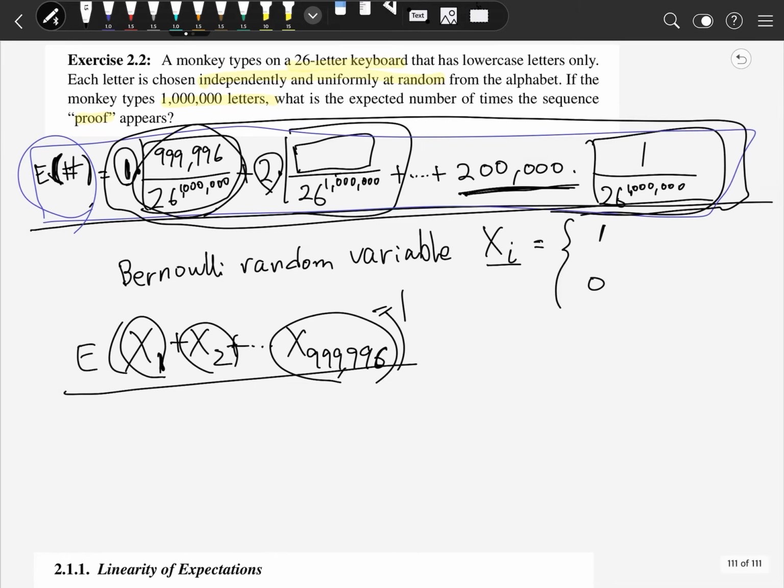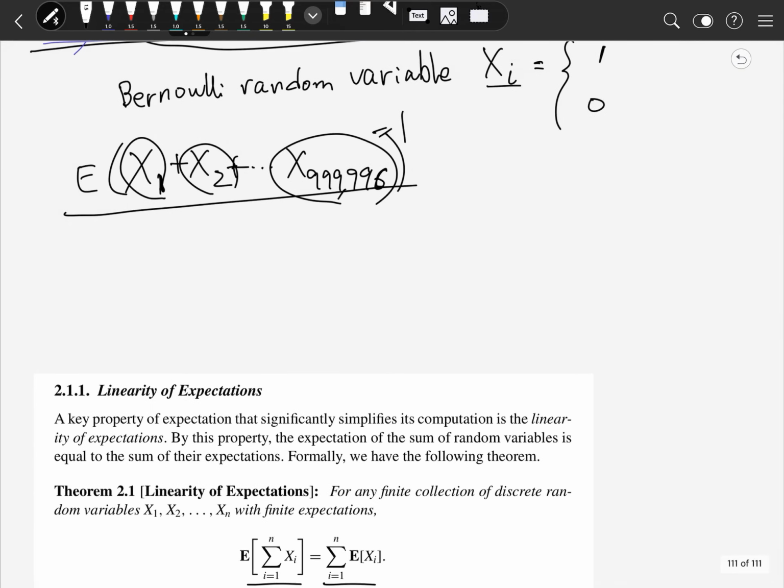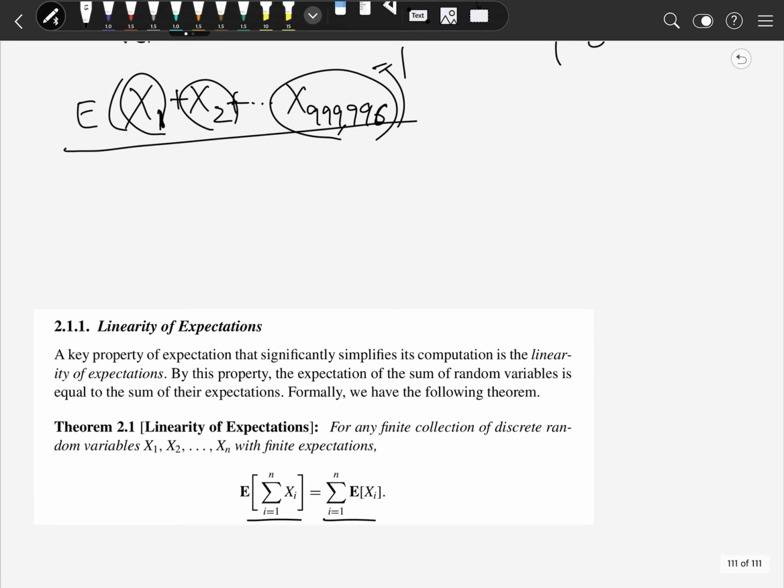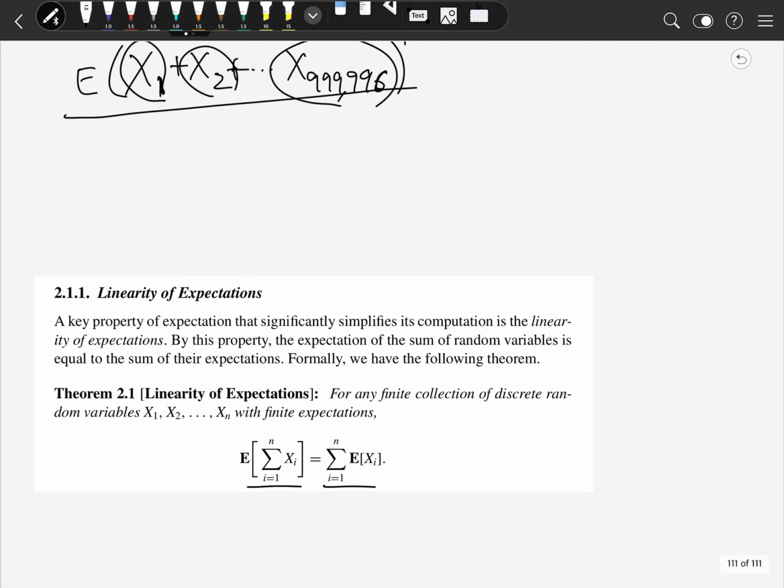So what we use is the linearity of expectations. The linearity of expectations is actually in the textbook: for any finite collection of discrete random variables X1, X2, ..., Xn with finite expectations, the expectation of the sum is equal to the sum of the expectations.